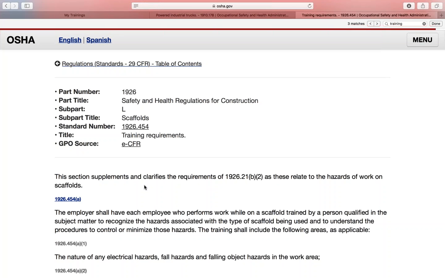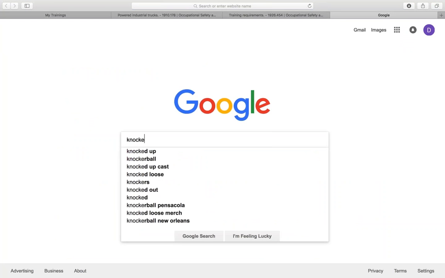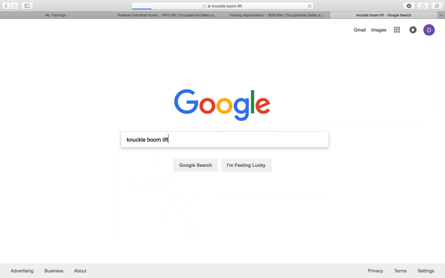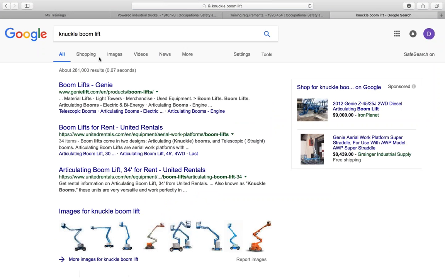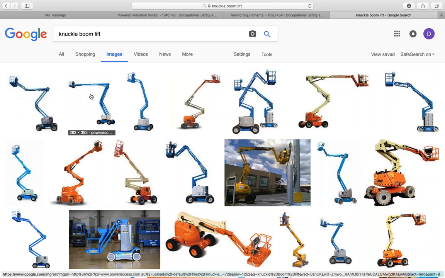Okay, so let me show you something, folks. So you see a regular aerial lift there, and then let me see if I can pull up the knuckle boom for you really quickly. For anyone who's not familiar, this is what I'm talking about when I talk about a knuckle boom lift.